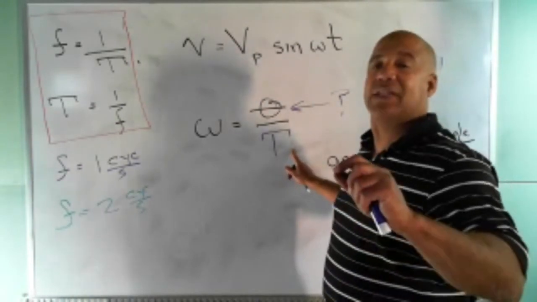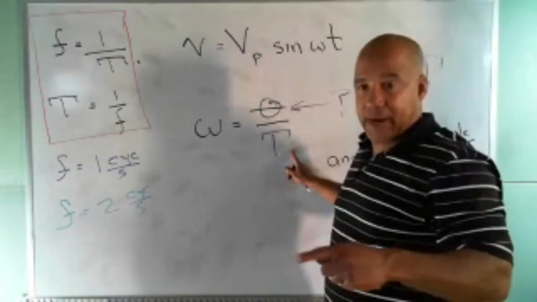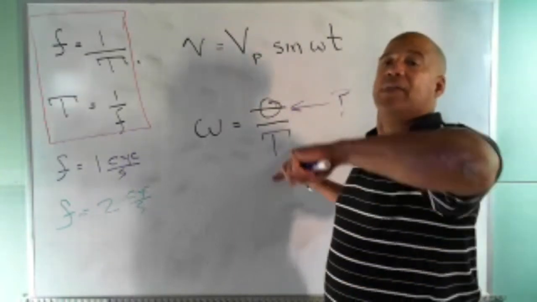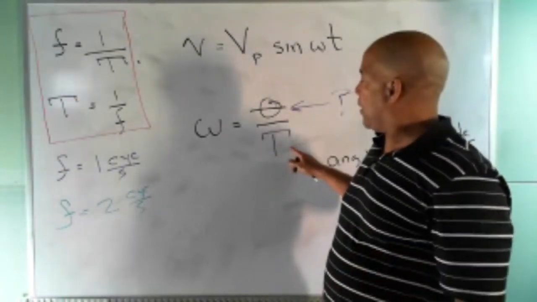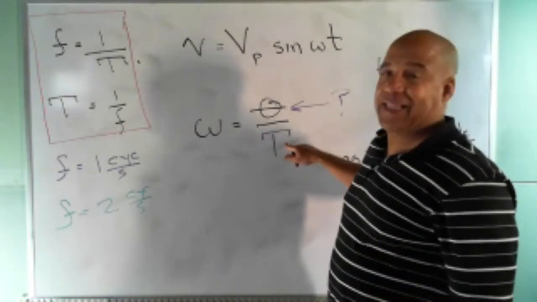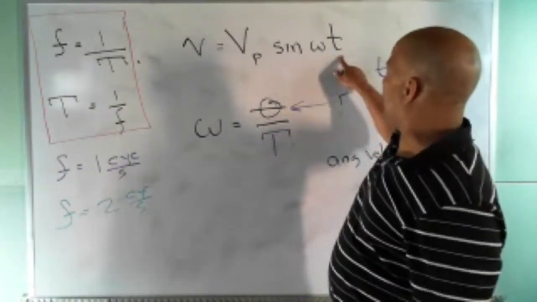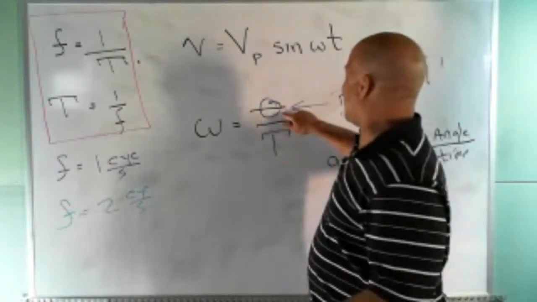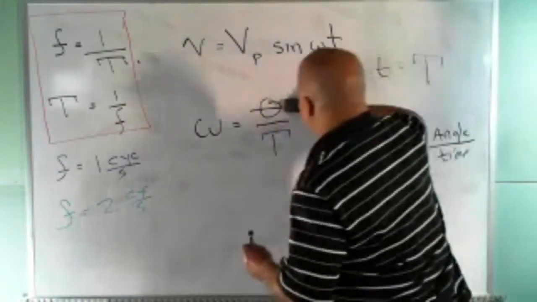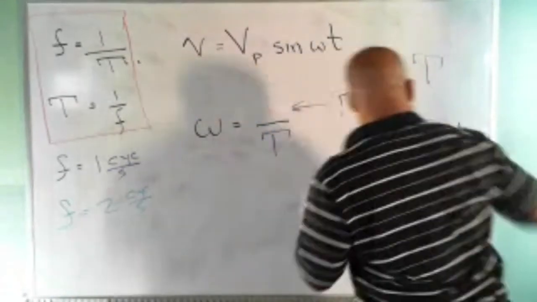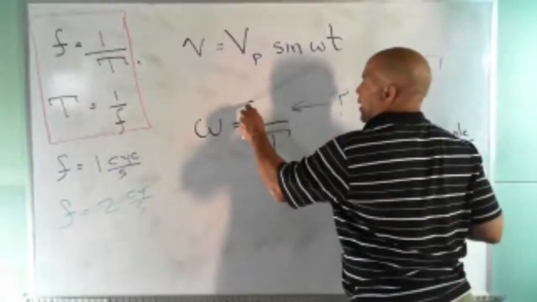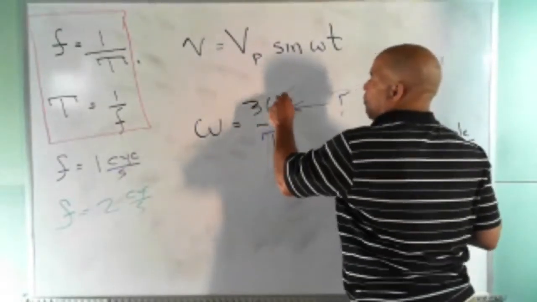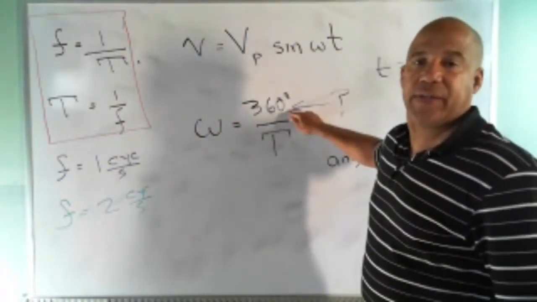The period is the time for one revolution, right? Or one cycle. So if I make this time that t, if I'm saying, hey, this is the period, then this angular distance has to be 360 degrees.